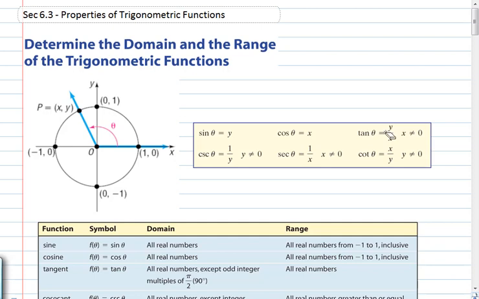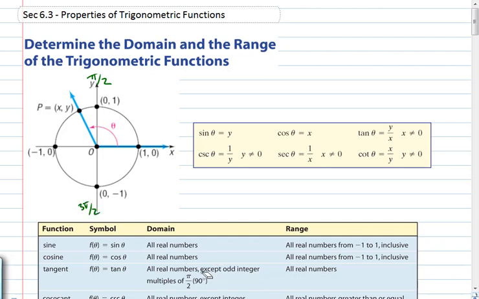Tangent, if we look at this, is going to be y over x. So the domain of the function for tangent has to be such that x is not equal to 0. Well, x is equal to 0 right here at these y-axes. And if we remember the value of the angles in radians, this is going to be pi over 2 and 3 pi over 2.